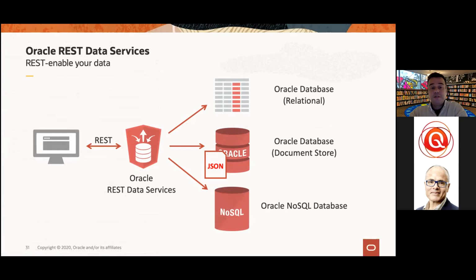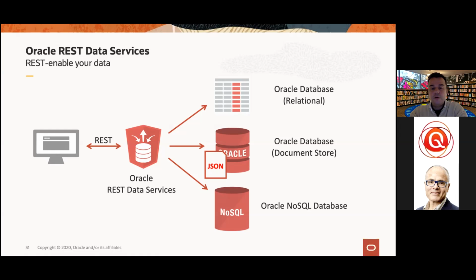So Oracle REST Data Services is a way to receive and send information from your database or to your database using a very simple REST client. What's a REST client? It can be your browser.